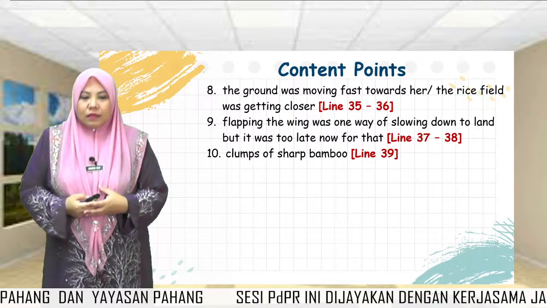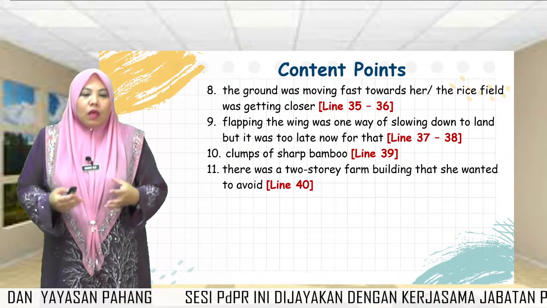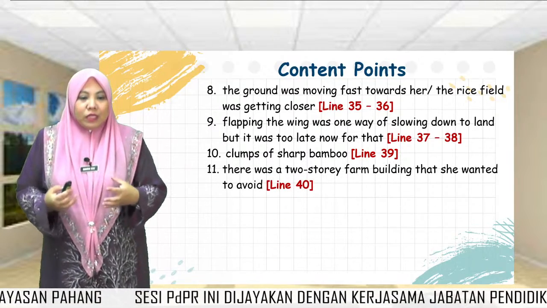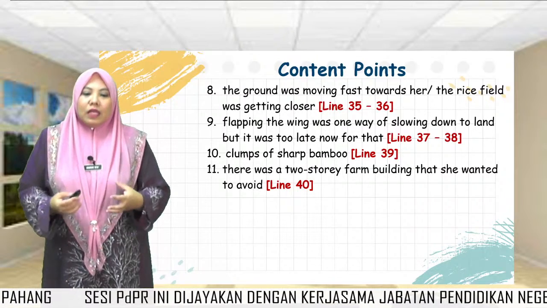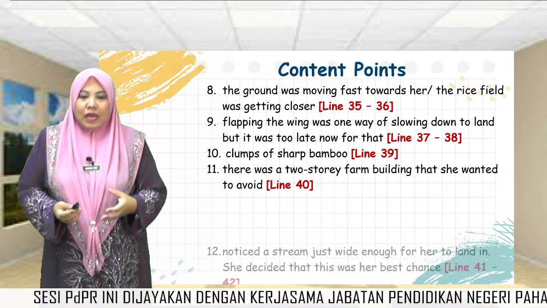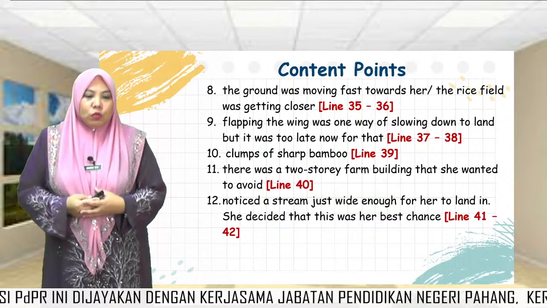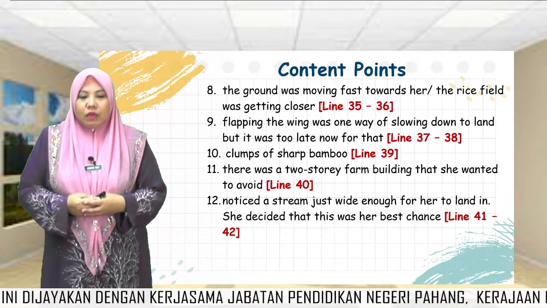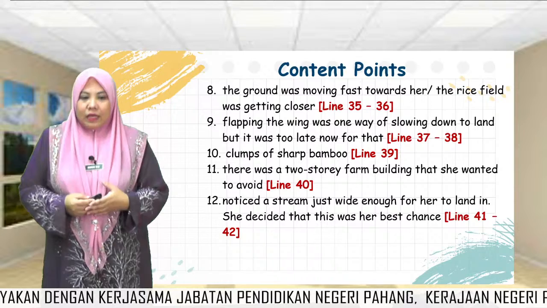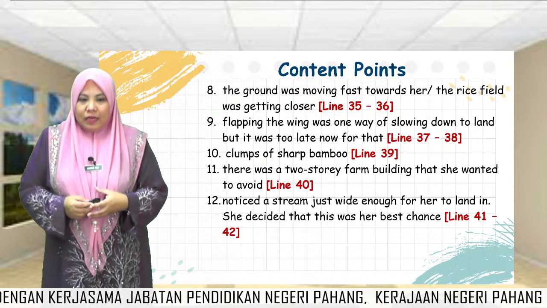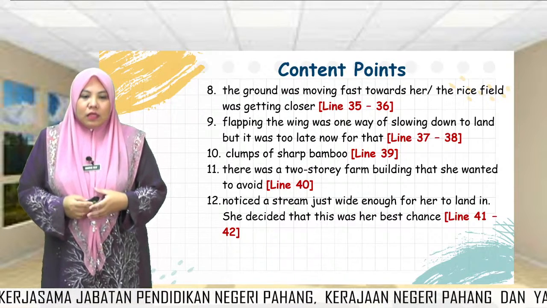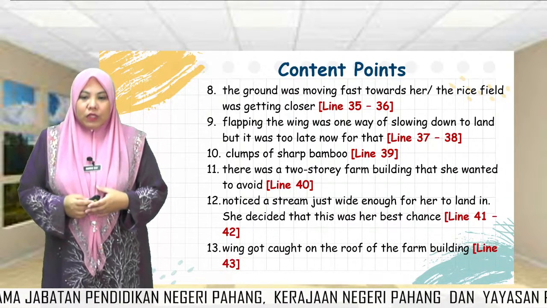Line 39. Next we have, there was a 2-story farm building that she wanted to avoid. It's line 40. Number 12, noticed a stream just wide enough for her to land in. She decided that this was her best chance. So this is lines 41 and 42.